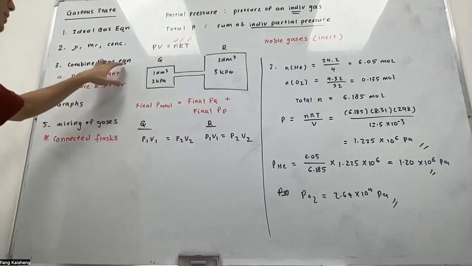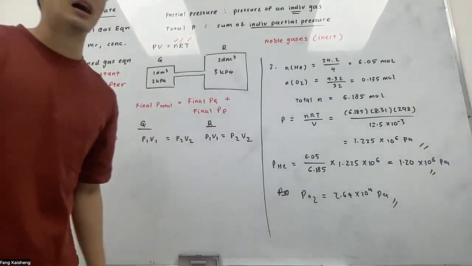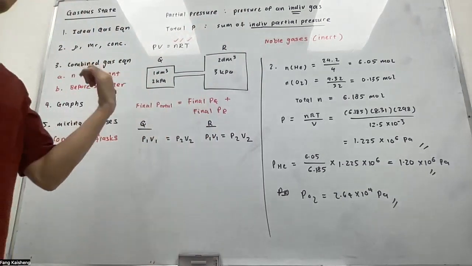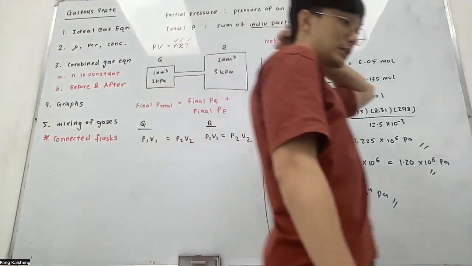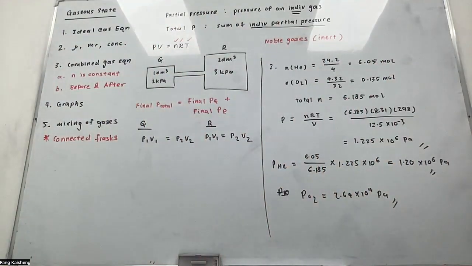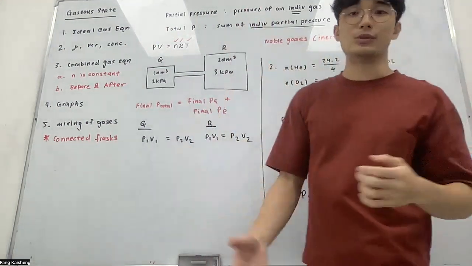Two of these concepts can give you this connected flask scenario. This is very commonly tested in exam. So that's why I explain the logic first. Okay? In exam, you draw it out also. If you don't draw this out in exam, right, it's a bit hard to see also, right?